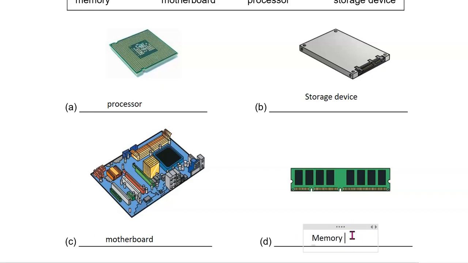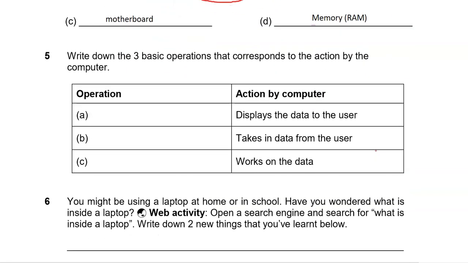The memory chip is like the RAM, random access memory, that you insert into this part, so that you can increase the memory of the computer and open a few applications to use at one time.